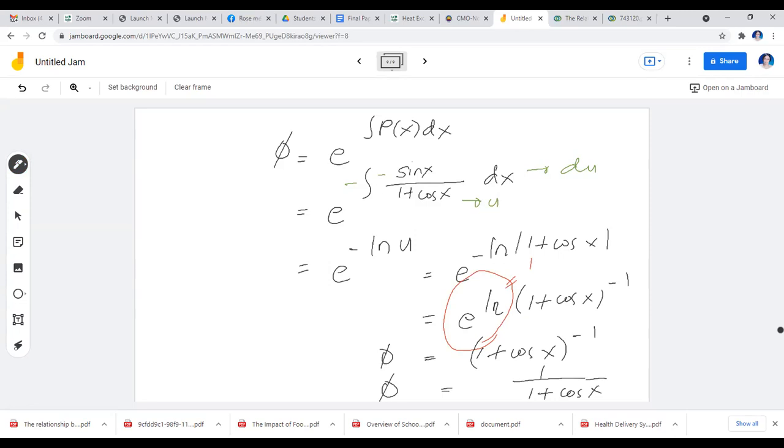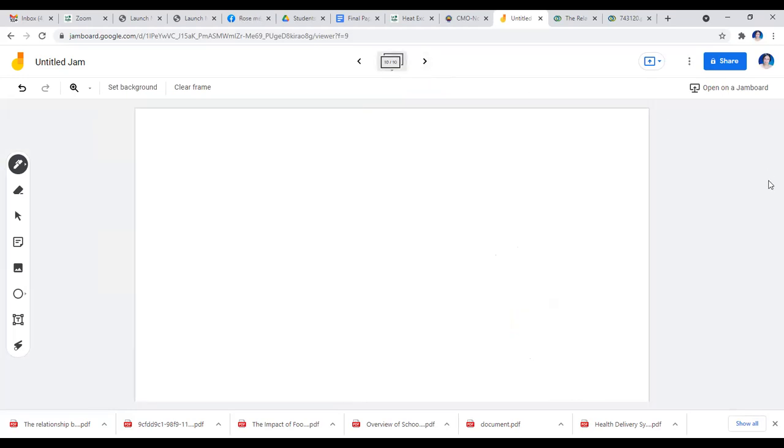Once you have the phi, the rest is substitution to the formula of the solution of your linear first order differential equations. So that formula is y times phi equals the integral of q of x times phi dx.